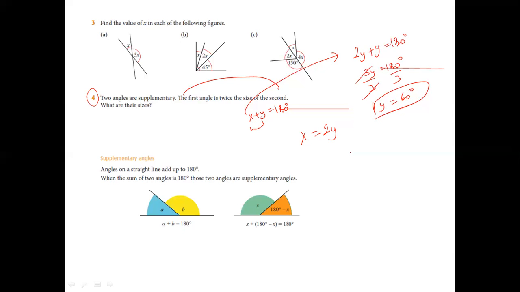Now put this in the place of y: x plus 60 degrees is equal to 180 degrees, so x is equal to 180 degrees minus 60 degrees, and x is equal to 120 degrees.